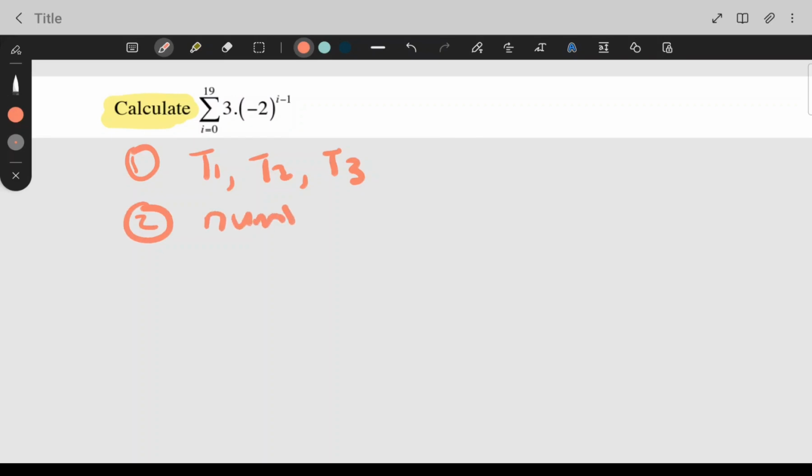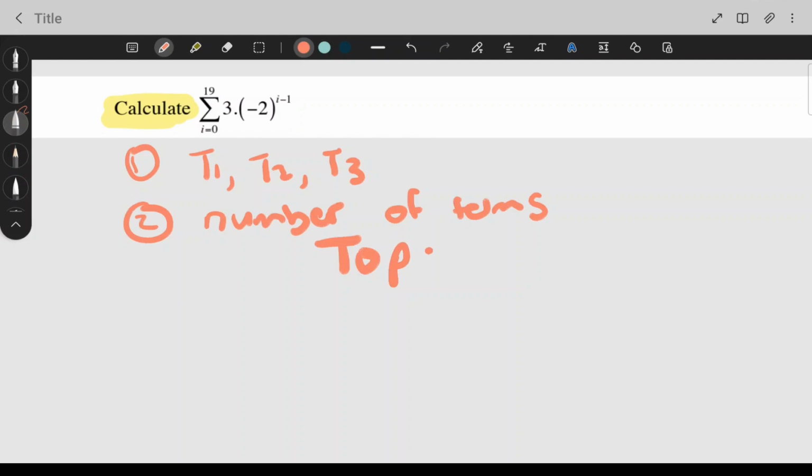Step number 2, find out the number of terms. Remember I told you, it's top minus bottom plus 1.